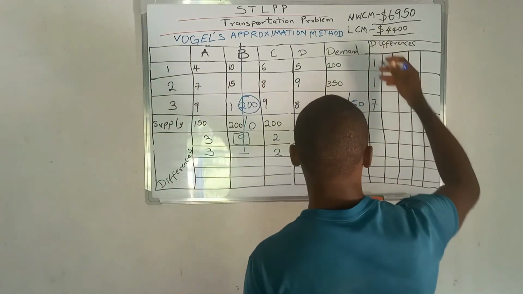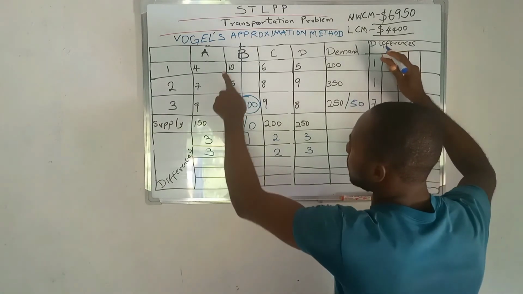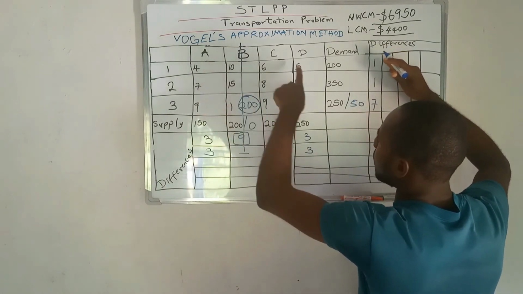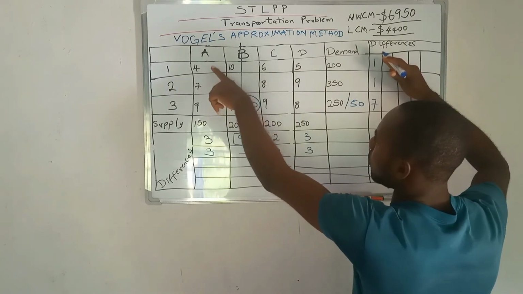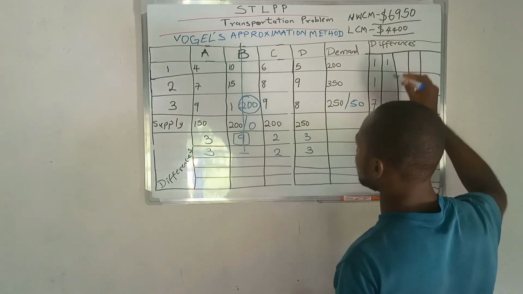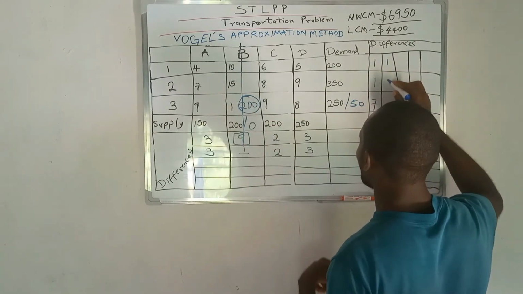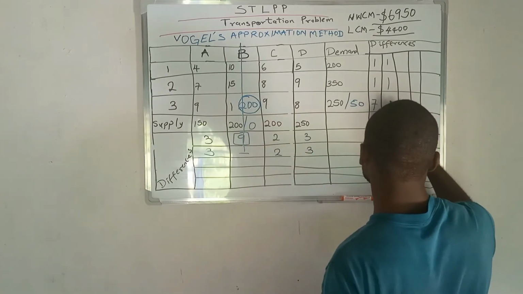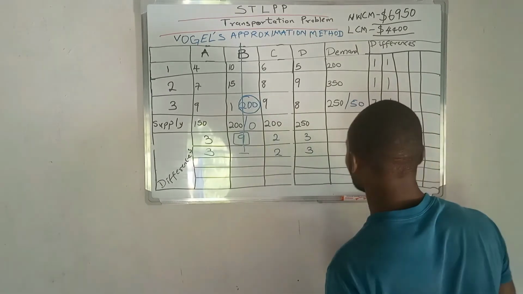We make another difference because this row has been removed. The smallest costs here are 4 and 5, so subtracting them we have 1. The same thing here, we have 1, and then the smallest costs here are 8 and 9, so we have 1 here.